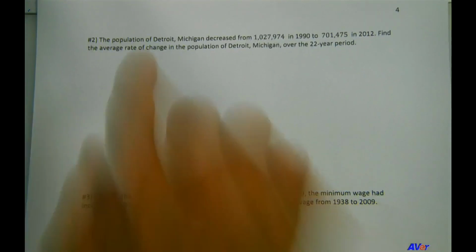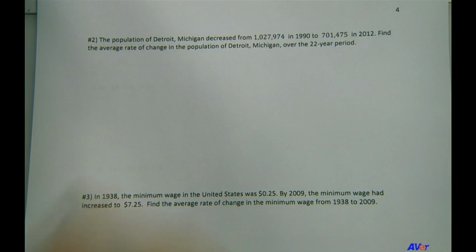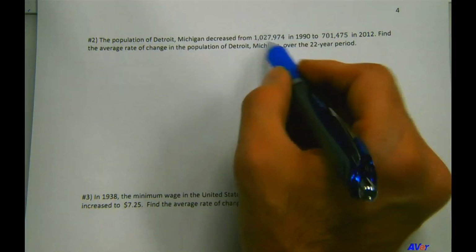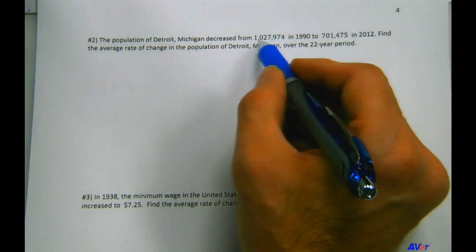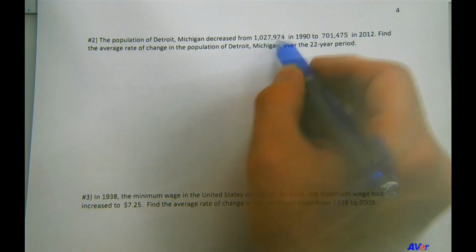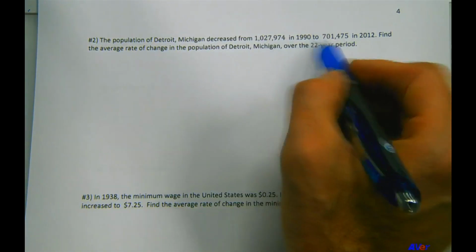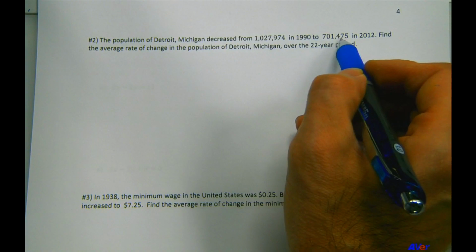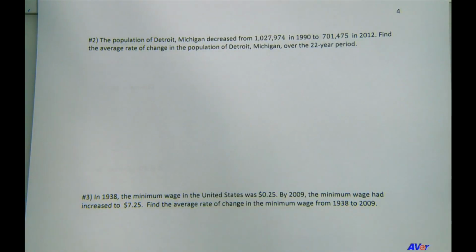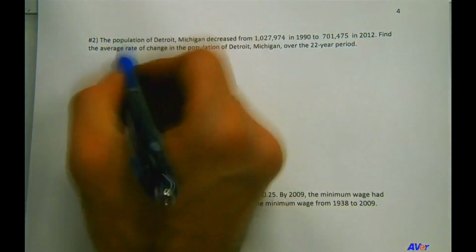Okay, so the population of Detroit, Michigan, it says, decreased from this amount, 1,027,974 in 1990 to 701,475 in 2012. Find the average rate of change.